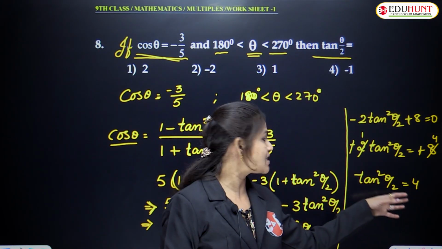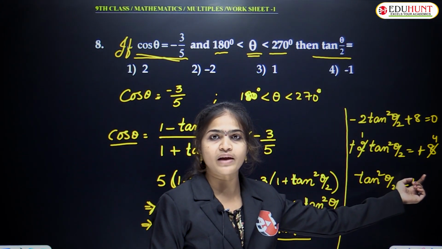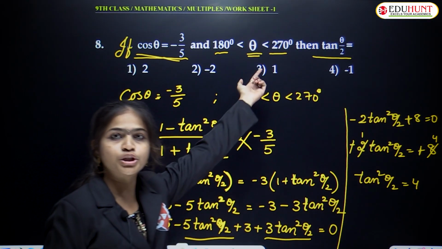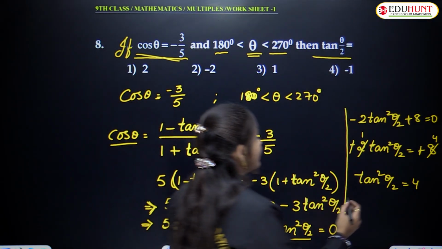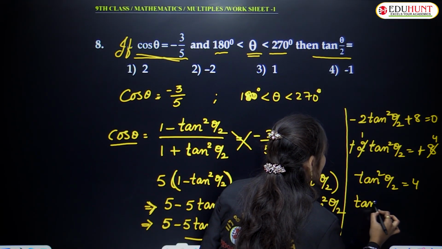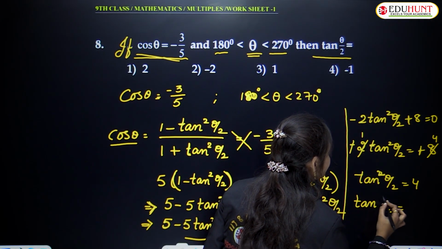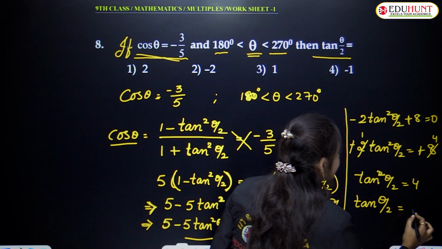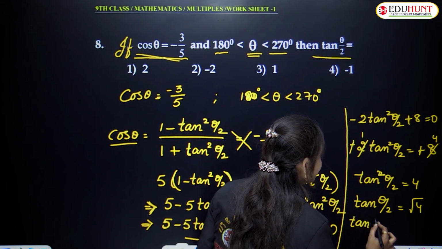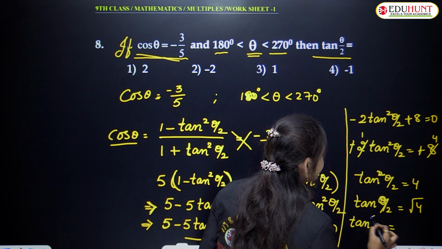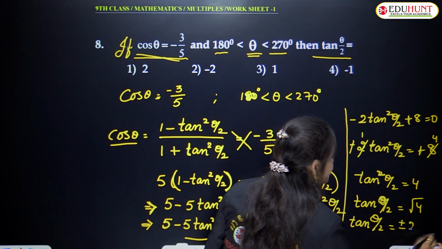Children, just observe that we got the value of tan square theta by 2, but the question asks for tan theta by 2. So tan theta by 2 is equal to the square root of 4, which is plus or minus 2.